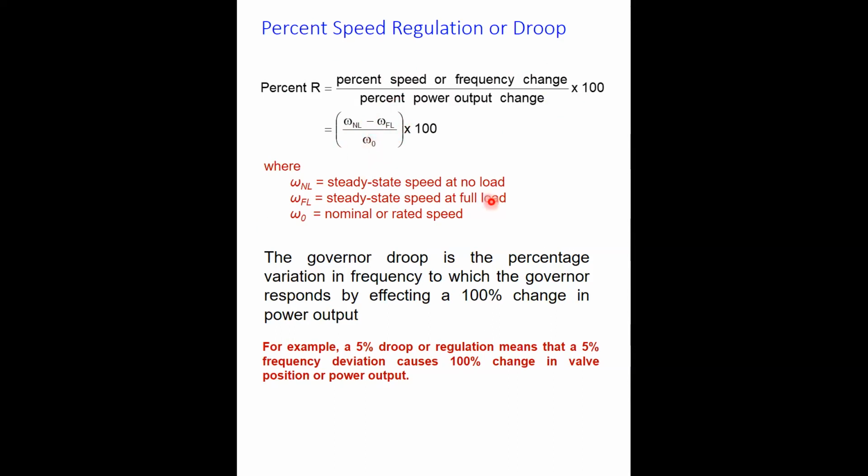So the governor droop is normally in percentage, and if I say a 5% droop, or regulation of 5%, it means a 5% change in the frequency will be observed for a 100% change in the power. That means from 0 power to 100% power will result in a 5% change in the frequency.